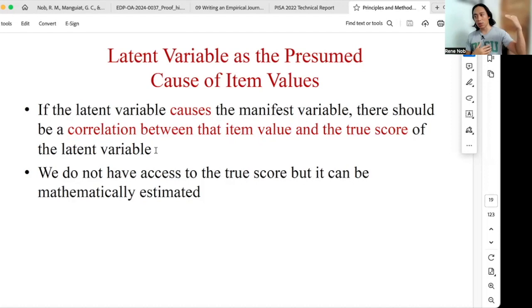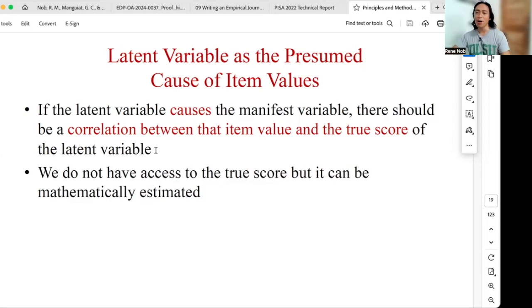If my true score is, let's say for example, although we can never know what the true score is, but let's say for example, my true score is, out of 100, 94, then my composite score, or the score in the scales, again, assuming that the scale is 1 to 100, should be close to that, should be a good estimate of that. If it's 94, then the other one should be, I don't know, 92, 93, 94, 95, 96, 97. But whatever it is, it should be close to the true score.